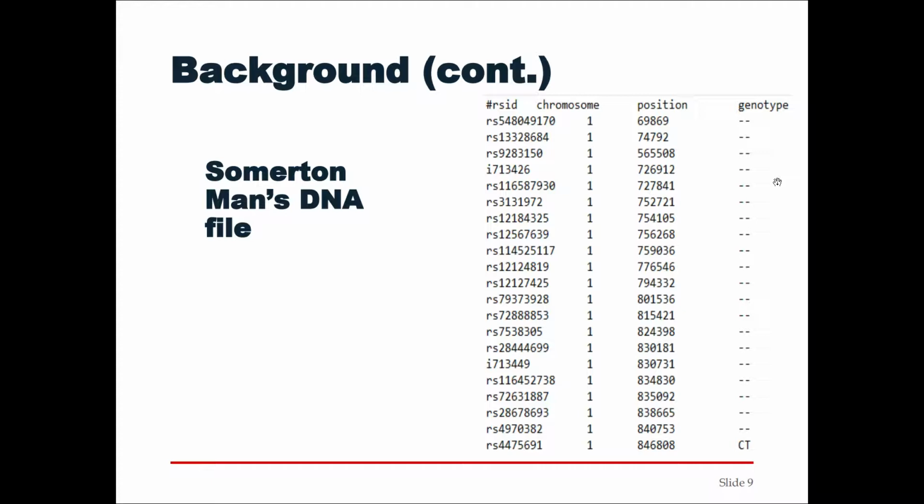Genotype represents the base pairs of the variant. If a double bar symbol is presented in the genotype column, that means the base pair of this SNP is not determined, and we call it an empty SNP. Only the non-empty SNPs can be used for DNA analysis.